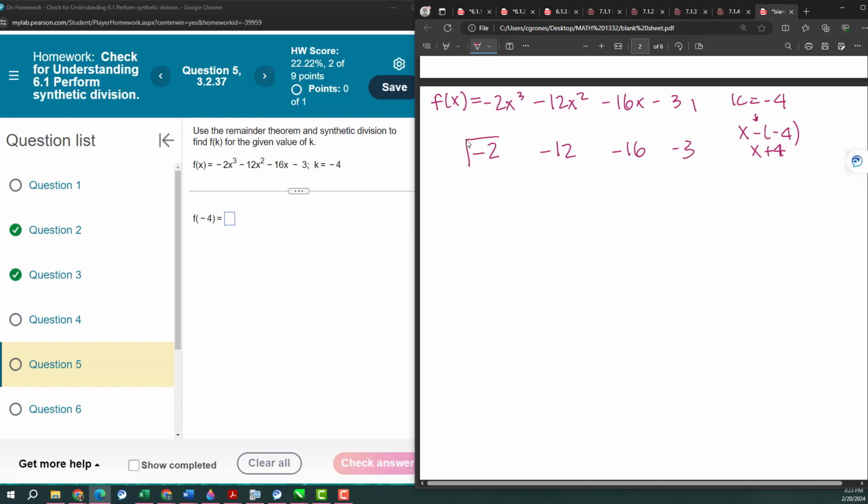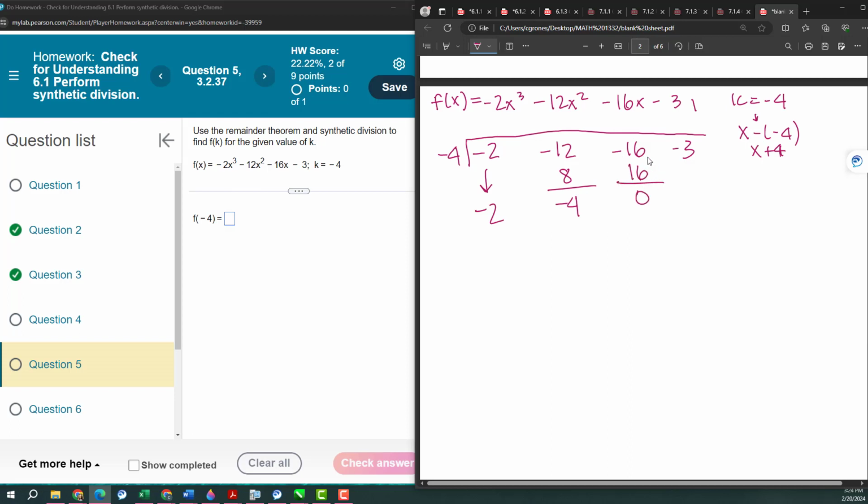And we're just going to do the synthetic division that we've been doing. They tell us that k equals negative 4. I bring my negative 2 down. Negative 2 times negative 4 gives me a positive 8. 8 and negative 12 is negative 4. Negative 4 times negative 4 is positive 16.